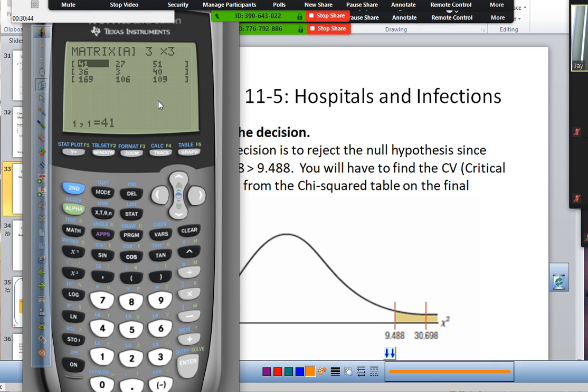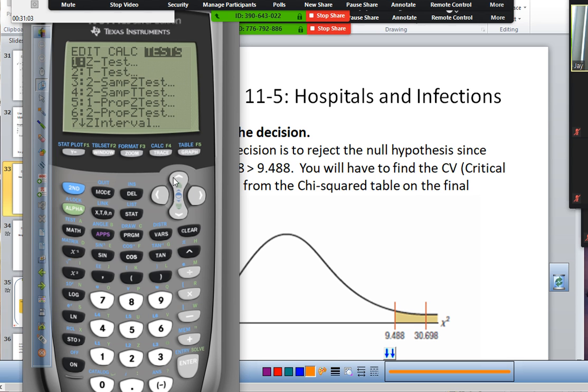Then go in and type in your numbers. When you're done typing them in, you're going to hit stat, and to get to the next one, you can either arrow, or you can hit enter, and it'll move you off to the right and wind you across. Stat, test, and then go up, because it's towards the bottom.